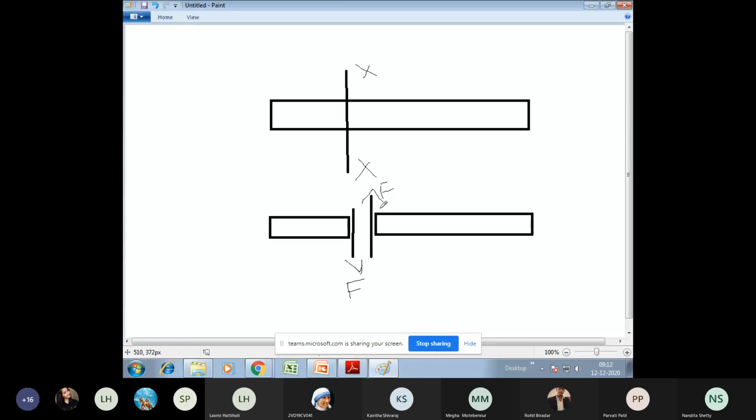Shear force exists in day-to-day examples everywhere. If you are cutting any fruit, even there shear exists. Shear is nothing but the resisting sliding force. I hope this shear part is clear to you.